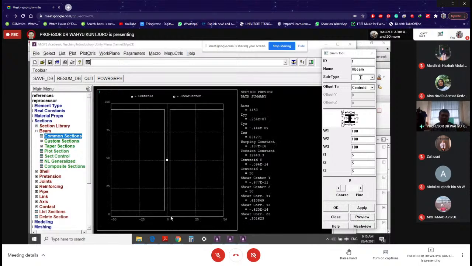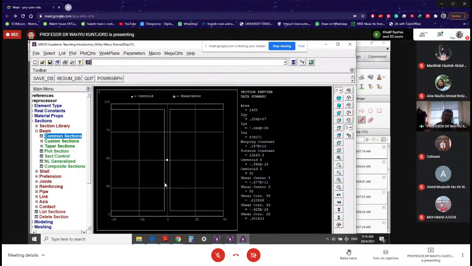So that is our cross section. And over here, the properties are given by Ansys: the cross-sectional area, moment of inertia in y-axis, z-axis, yz-axis, which you can learn later on. Okay, so that is for H-beam.